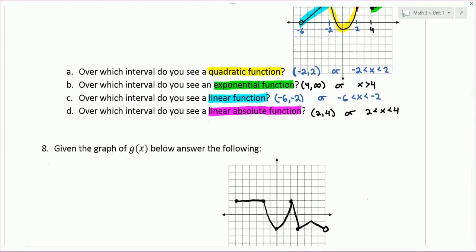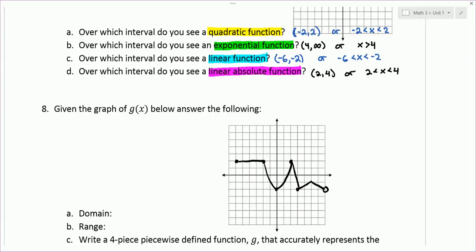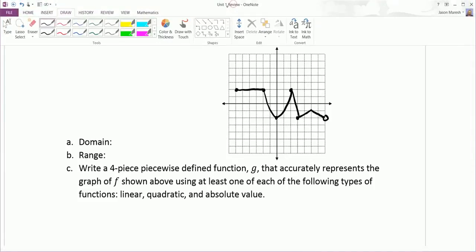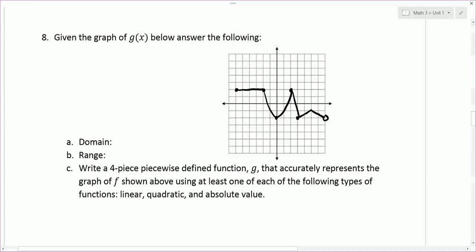Number 8. Given the graph of g of x below, answer the following. So what's the domain of this function? Looking at the x, the lowest x value is at -6. The largest x value is over to the right at 7, it's not included.